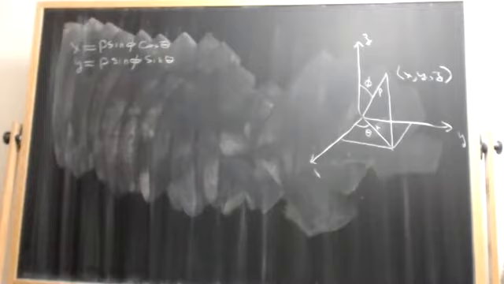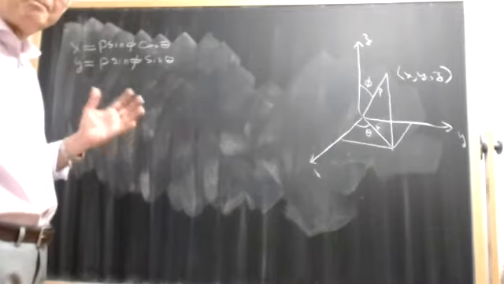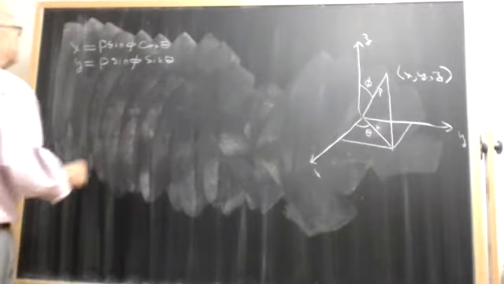And finally, Z is given by rho cosine phi.